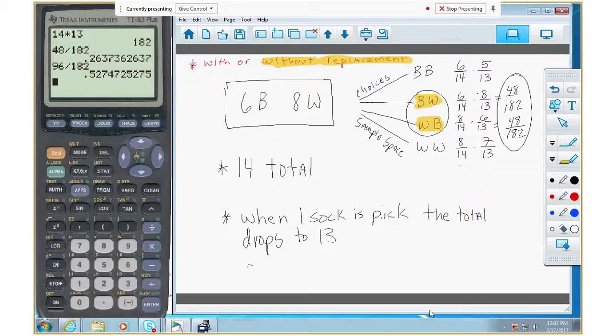But up here, if you pick 2 black socks, 6 drops to 5, and 14 drops to 13. If you're picking 2 white socks, 8 drops to 7, and 14 drops to 13. Just relate it back to the red marbles. Okay, so I hope that helps.